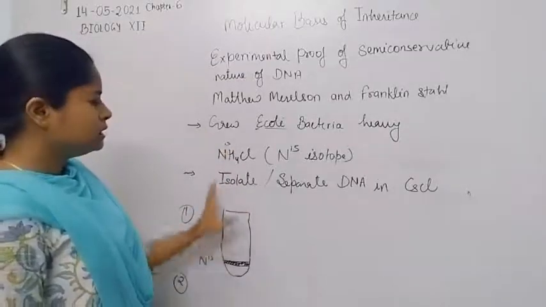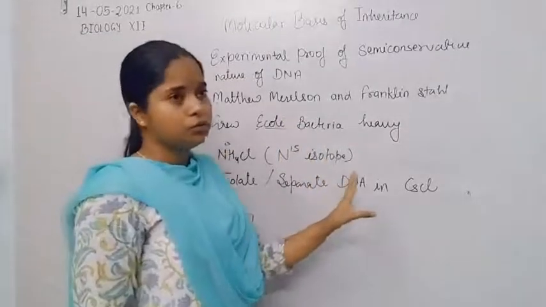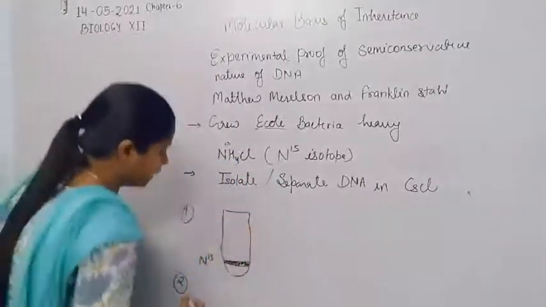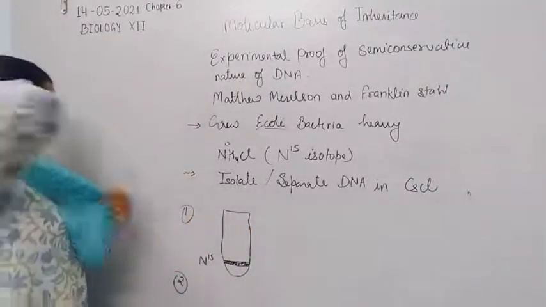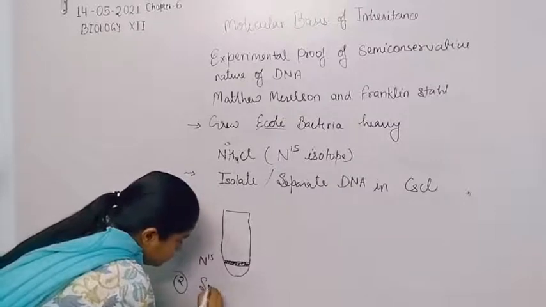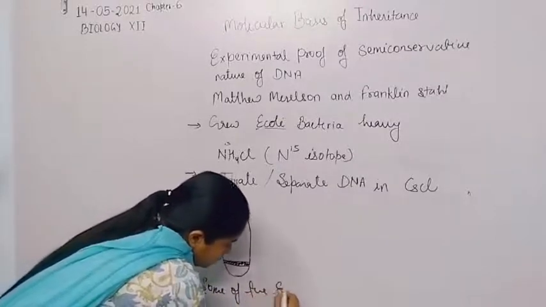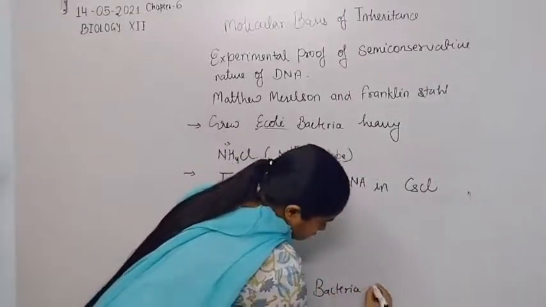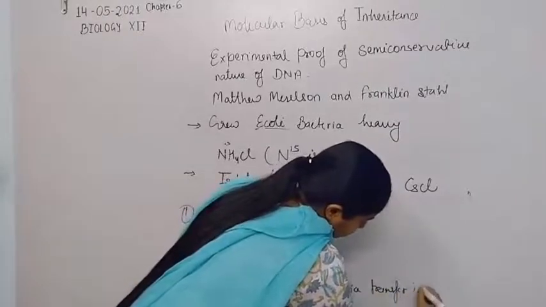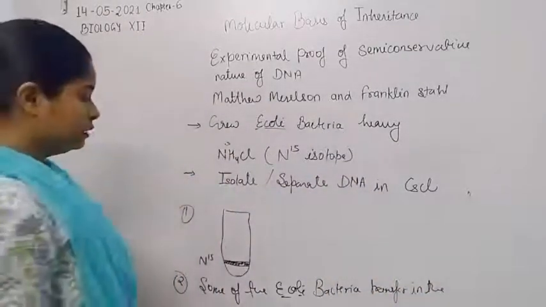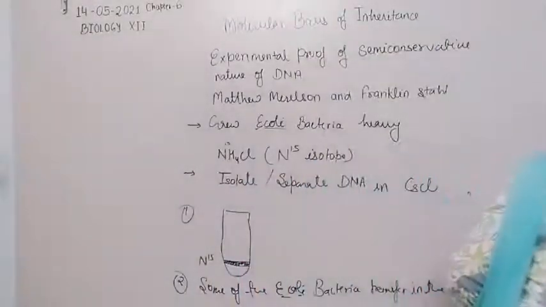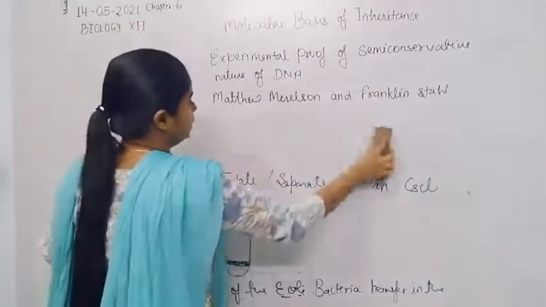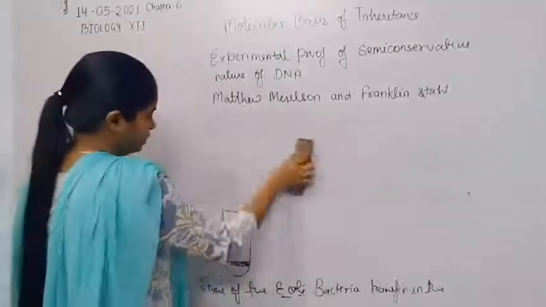Then some of the bacteria they transferred into normal ammonium chloride, that is N14 ammonium chloride, that is normal nitrogen, not the isotope, not the heavy nitrogen.